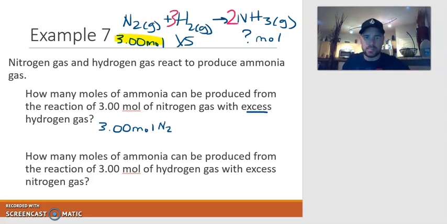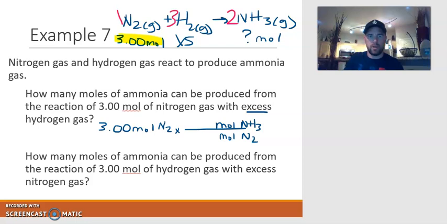So I have 3.00 moles of nitrogen. And this is where I'm going to convert out of moles of nitrogen, and I want to get into moles of what I'm trying to solve for, which is the ammonia. And the numbers that I put there are coming from your balanced chemical equation. So there's assumed to be a 1 right there in front of the nitrogen.